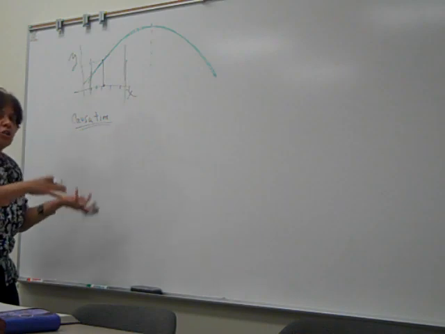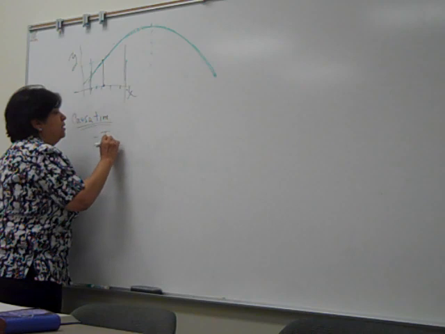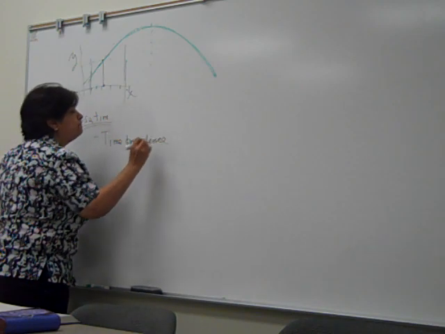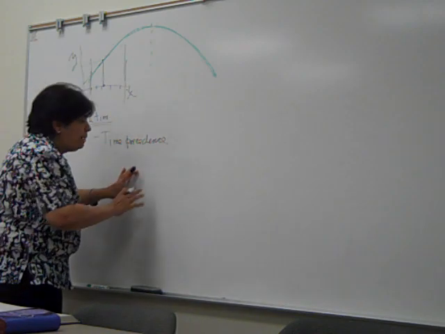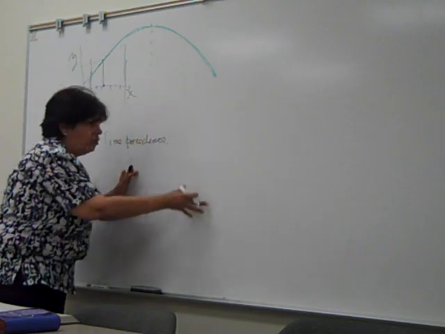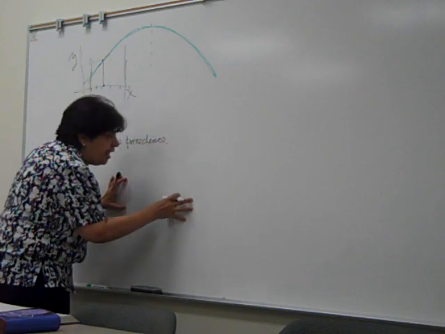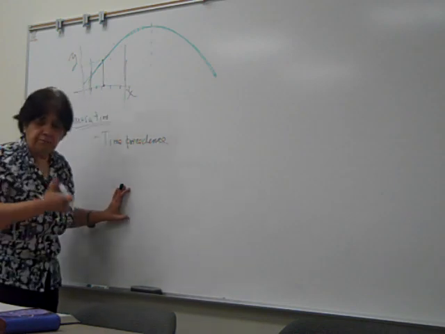For one thing to cause the other, it has to have what? Time precedence. Time precedence means that if X happens, Y happens, not the other way. It has to be first the X and then the Y, or first the independent and then the dependent variable.